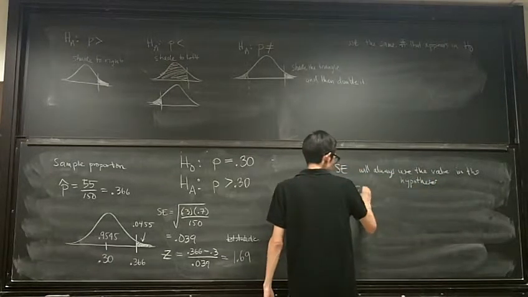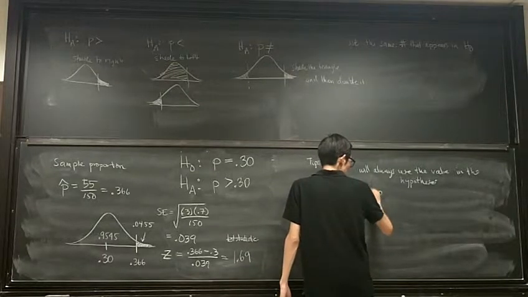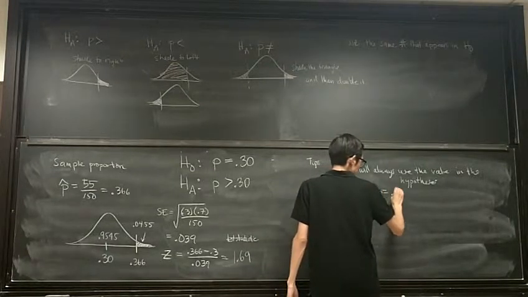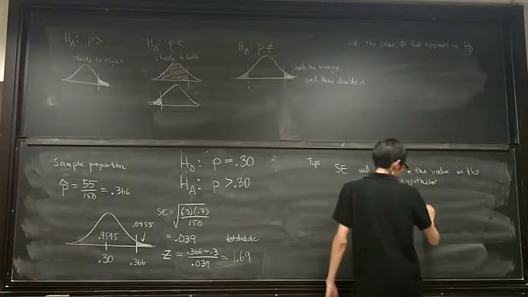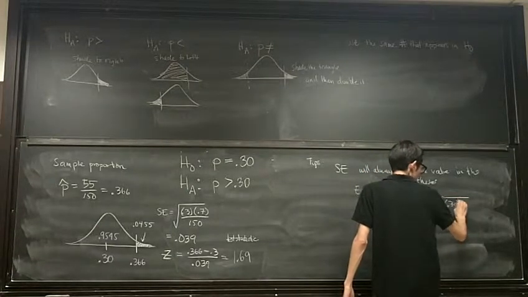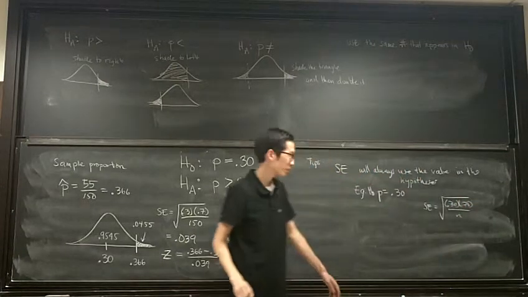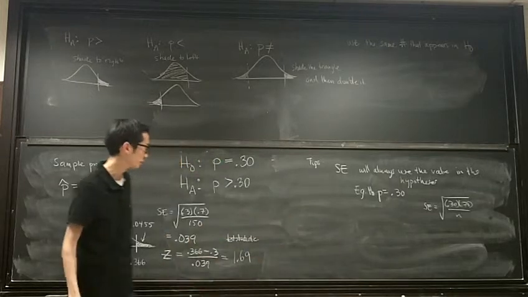So, for example, if the null hypothesis says P is equal to 0.30, then your standard error will be 0.30 times 0.70 over n. Okay? So that's going to be one case.